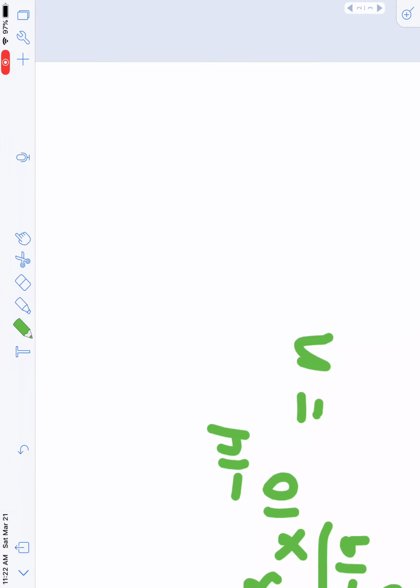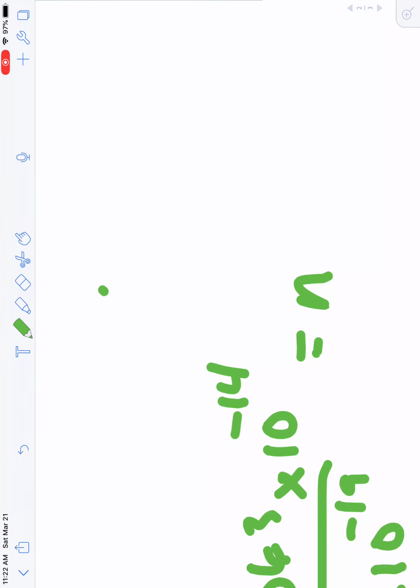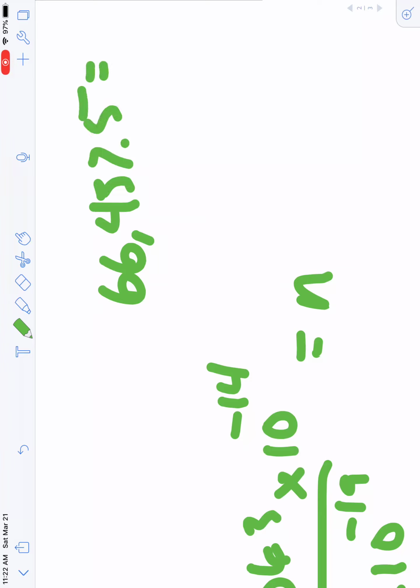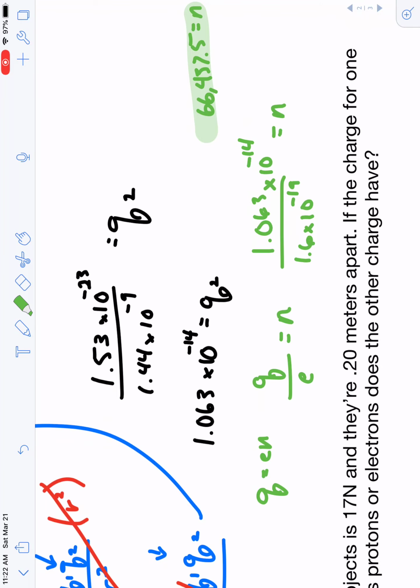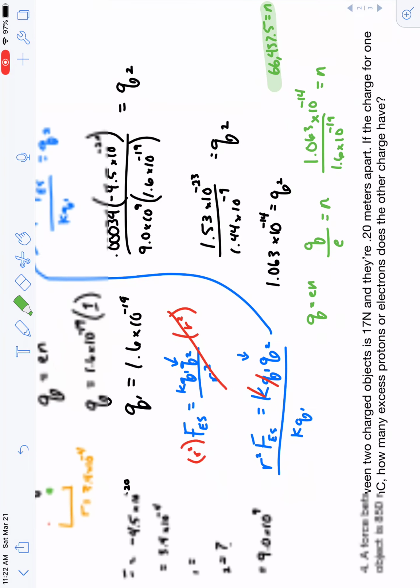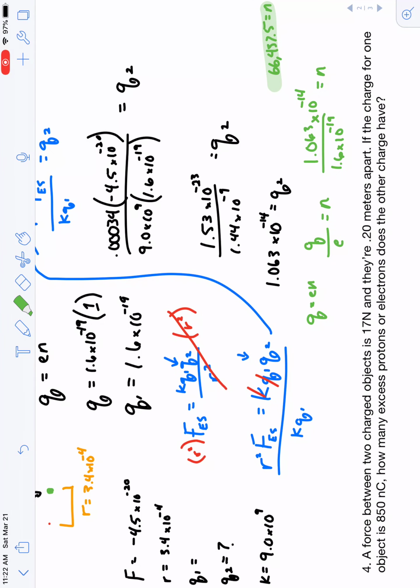The number I got was 66,437.5, which means that charge is not possible. Because it's telling us that's the charge of 66,437 and a half, what would that be?